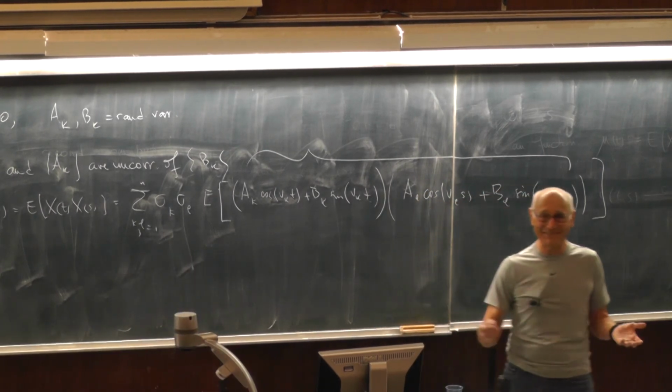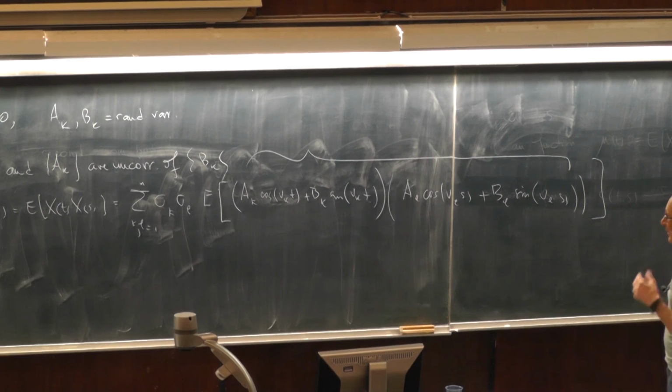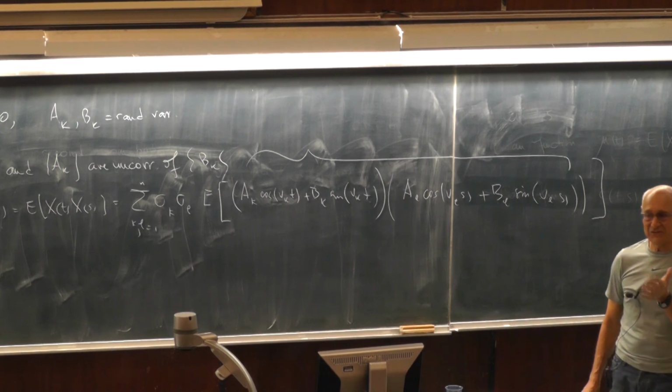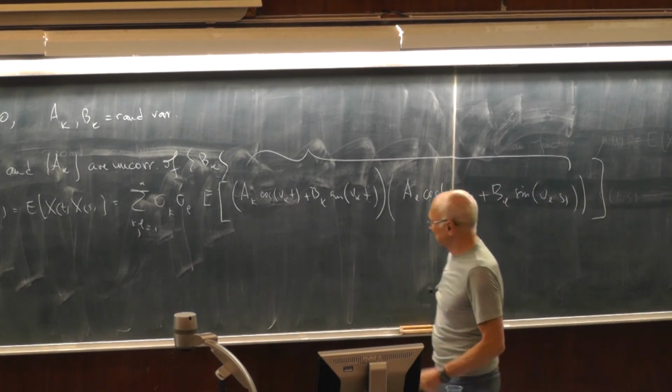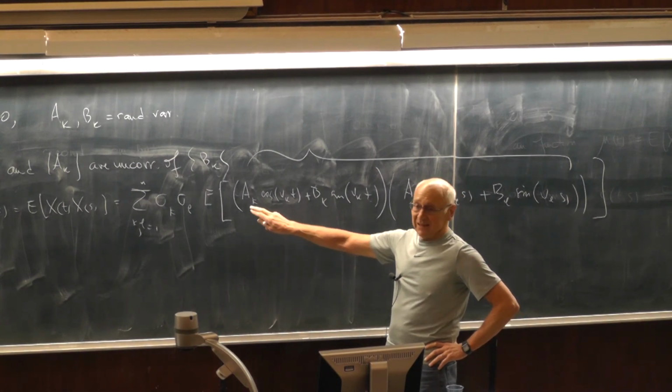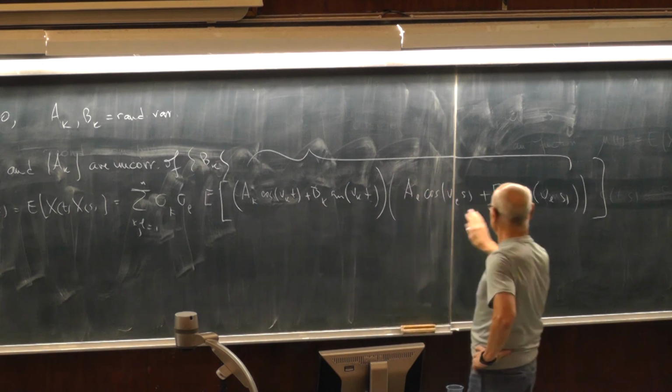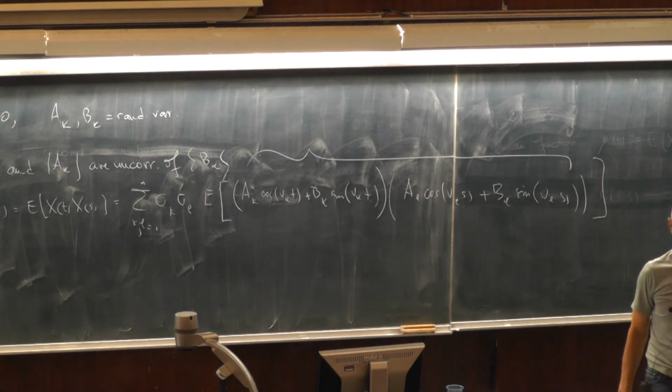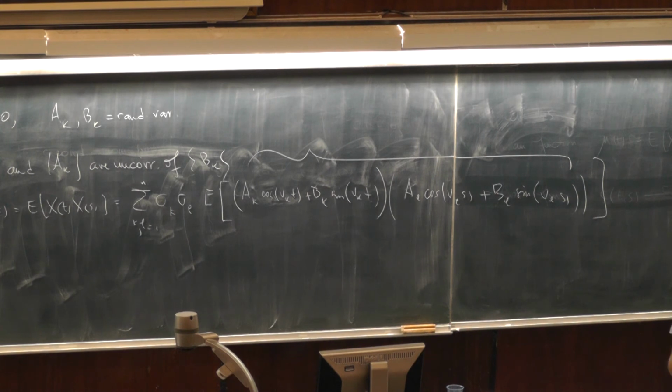It was so much I couldn't see. Thank you. All right, so let me write the relevant terms. So let's see what kind of terms you get here. If I multiply A's and B's, what's going to happen? It would be an expectation of A's and B's, but they are uncorrelated. So it would be the expectation of A times the expectation of B. I'm not going to bother writing it.